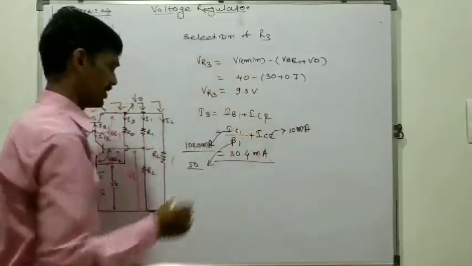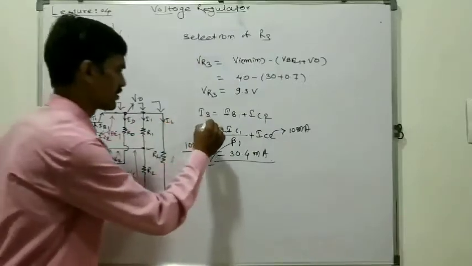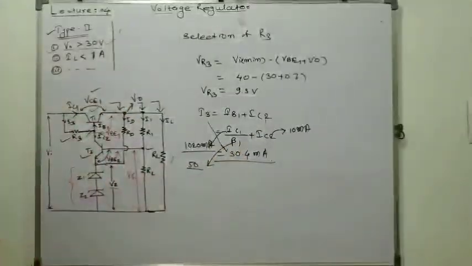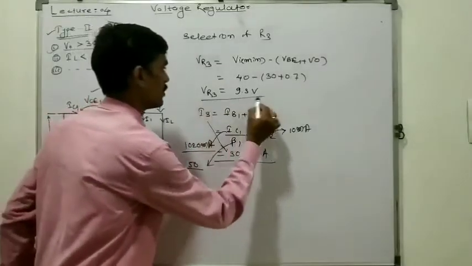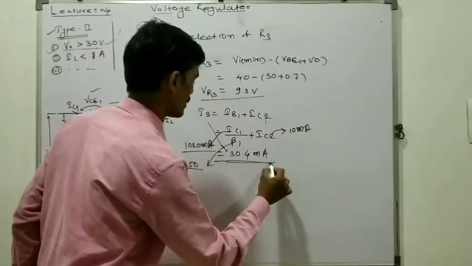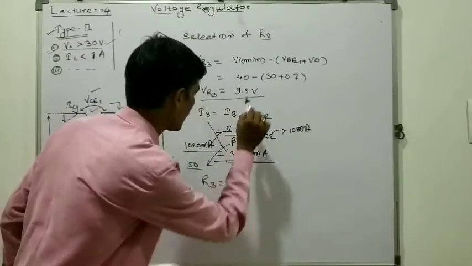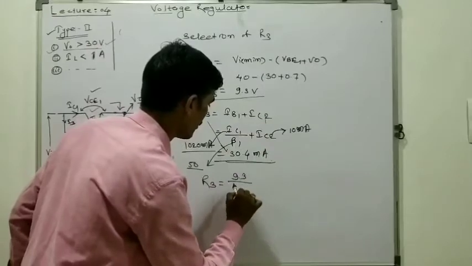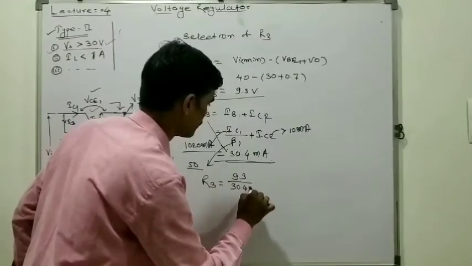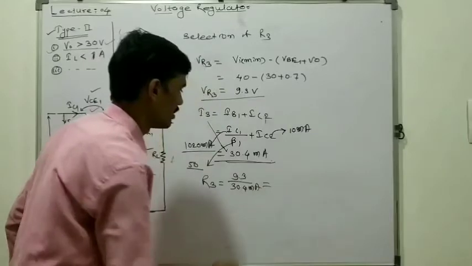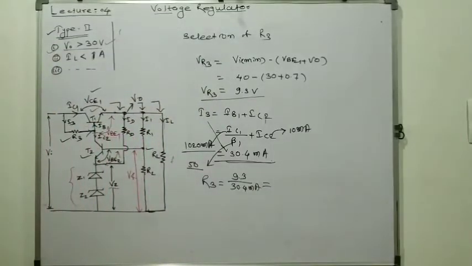By putting these values, we get I3 equal to 30.4 milliampere. From this we have the voltage across this resistance and the current flowing through it. So finally we calculate R3. R3 is 9.3 divided by 30.4 milliampere. So we get the value of R3 equal to 305.9 ohm.